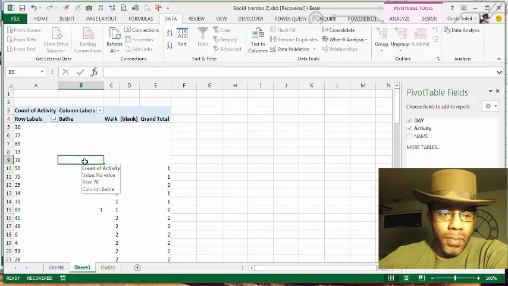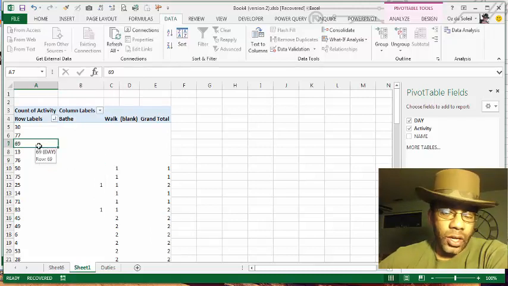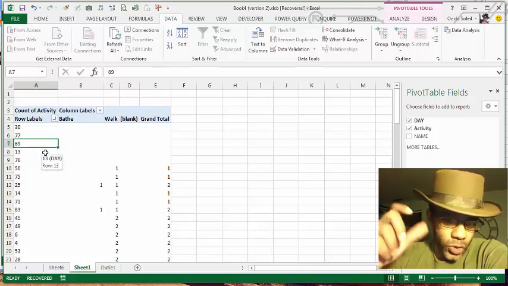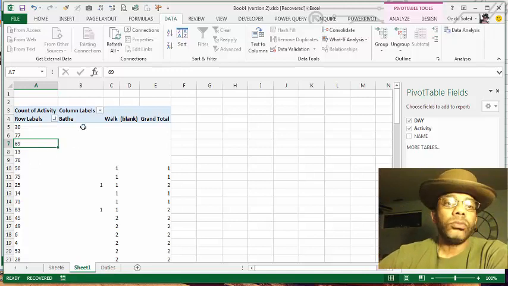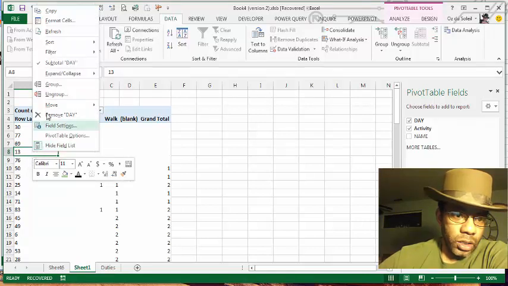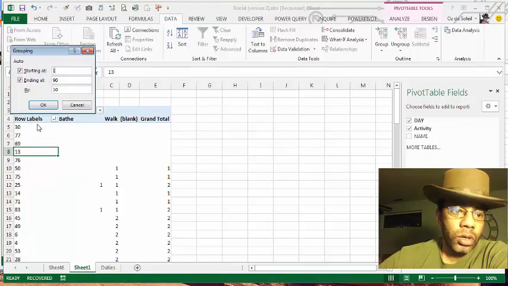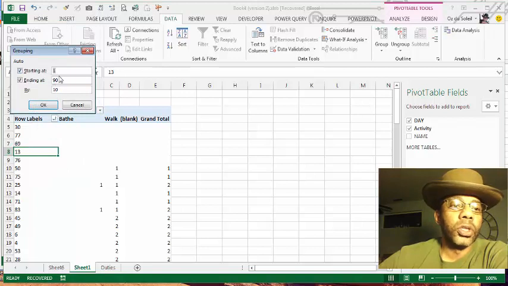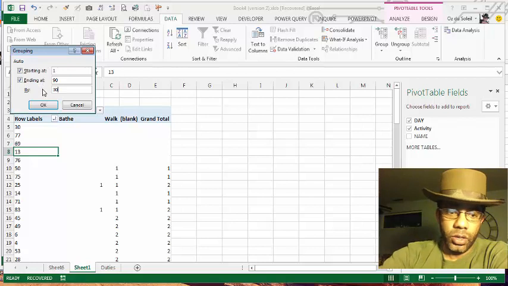How about the baths? Let's look at this. And they had to be within these 30-day spans. So what I'm going to do is click on any day here and right click and group. Group starting at 1 going to 90 by 30.